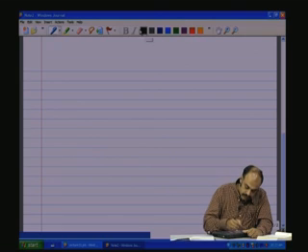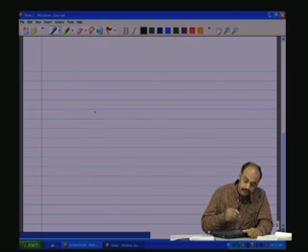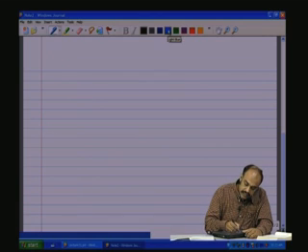So, now let us draw the waveform of IA, IB, IC. An easy way to draw a three-phase waveform is as follows.